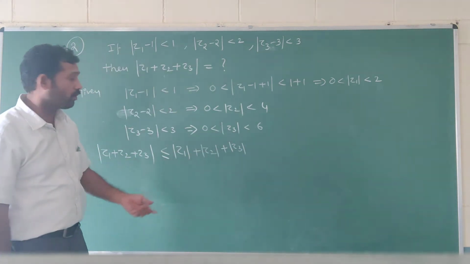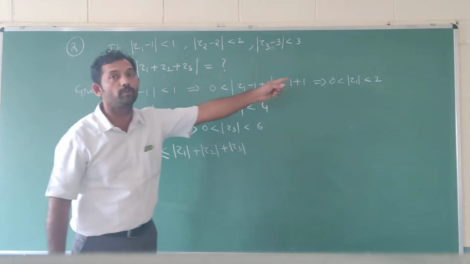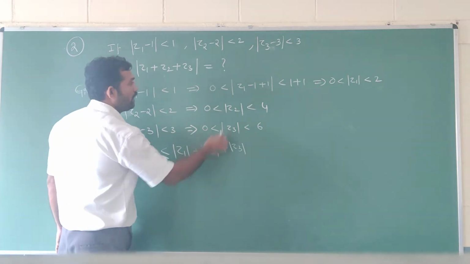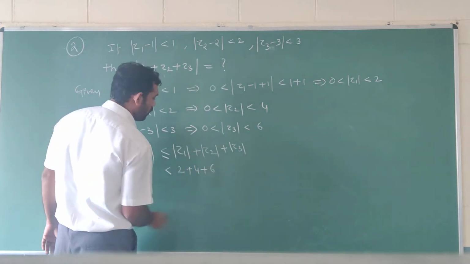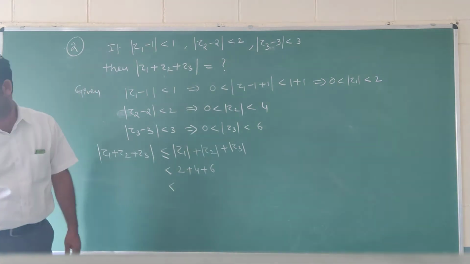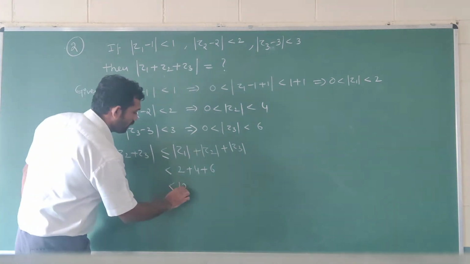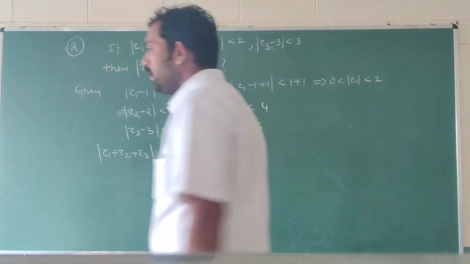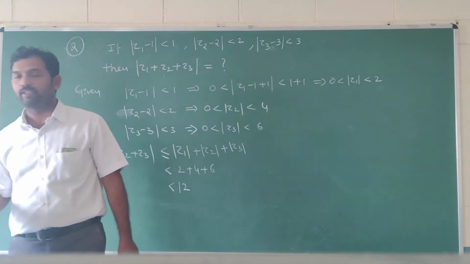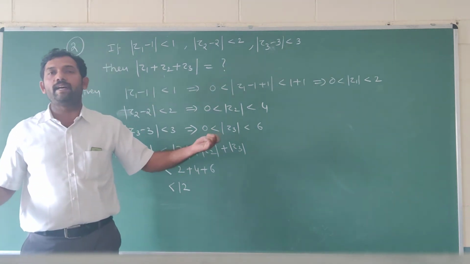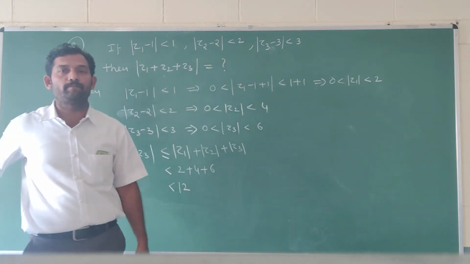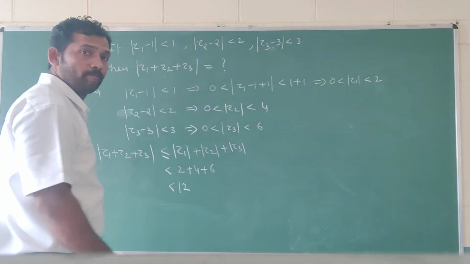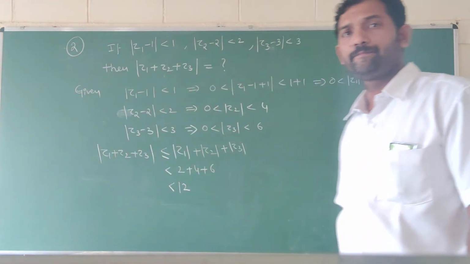You know that modulus of z1 is less than 2, so you substitute the values: 2 plus 4 plus 6, which is less than 12. So the value of modulus of z1 plus z2 plus z3 is less than 12. Less than 12 is your answer. Note down fast.